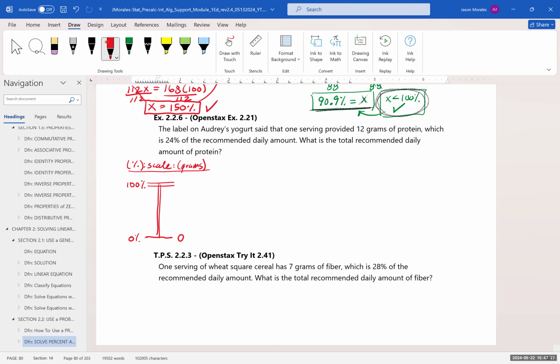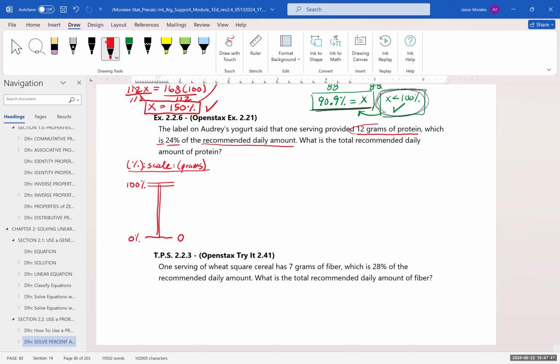So let's read this a little more carefully and see if we can see any associations that are being made here. The label on the yogurt said one serving provided 12 grams of protein, which is 24% of the recommended daily amount.